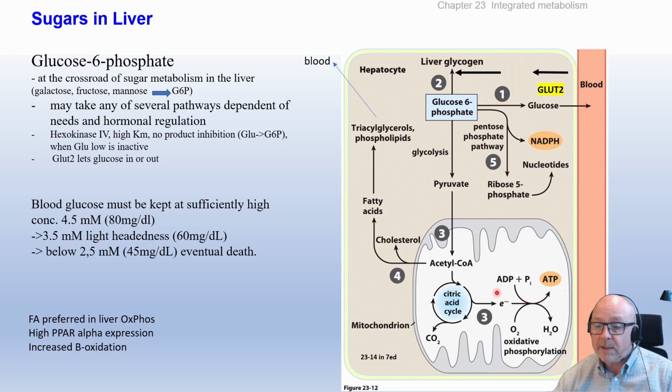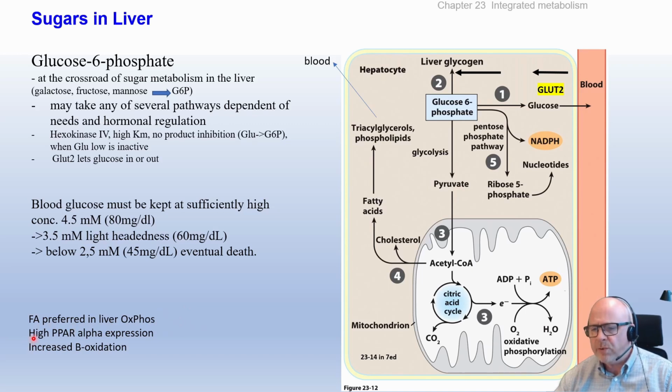But liver cells don't do that so much with glucose, right? So actually fatty acids are the preferred source of energy in the liver for OXPHOS.